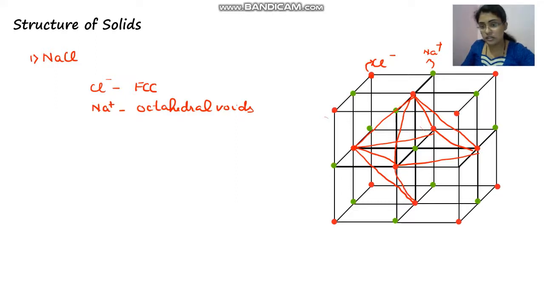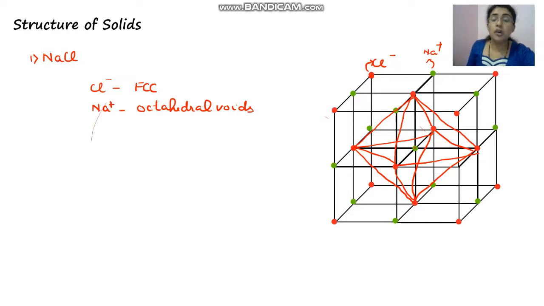So with all these atoms joined, at the center we are getting an octahedron, and at that center we have a sodium ion. So at the octahedral void we have a sodium ion. This is how the structure would look for sodium chloride.